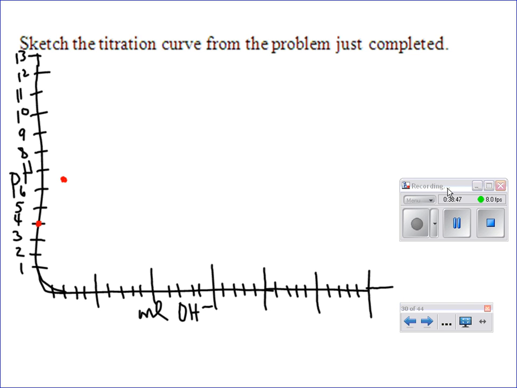After adding 15 mL, we were at 7.2. Whoa. Okay. After adding 25, no, we weren't at 7.2. Yeah, we were. After adding 25 mL, we were 7.6. Barely any. Probably went too much on that one.